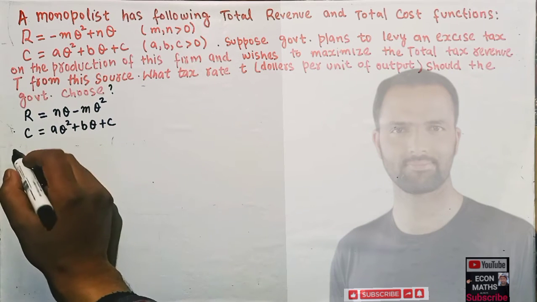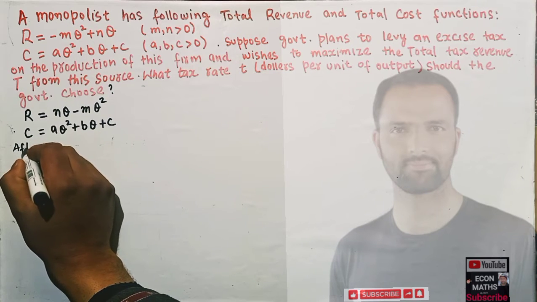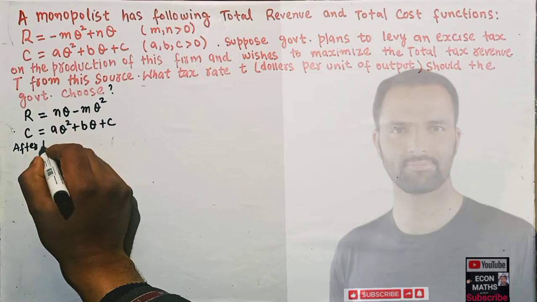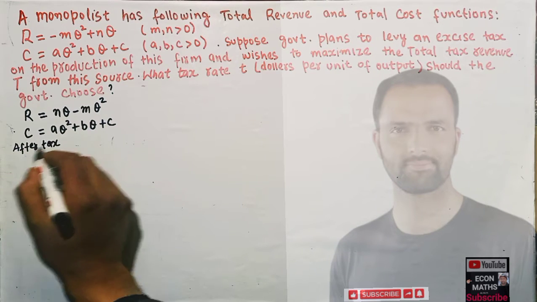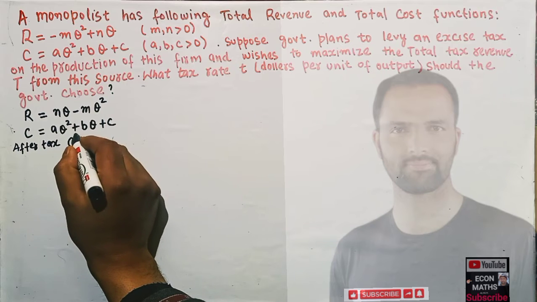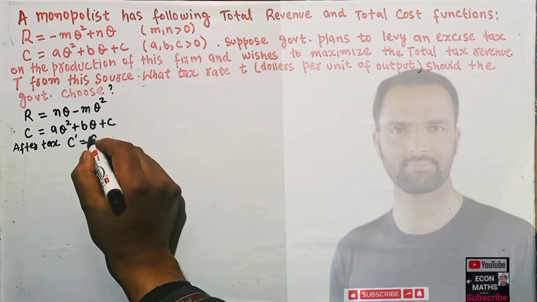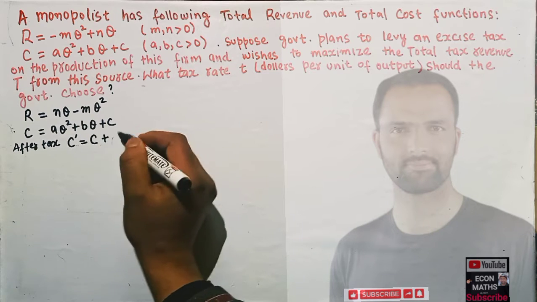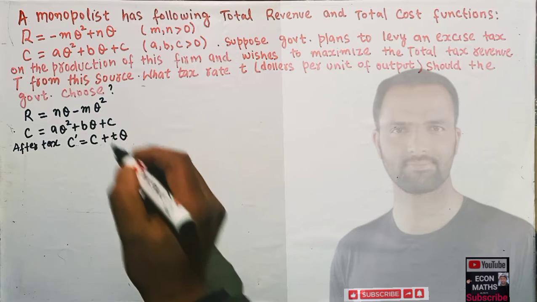Now after the tax is imposed, let me write here, after tax, what will be the cost? Let's denote it by C star, which is equal to this total cost plus tQ. I hope I am making myself clear.